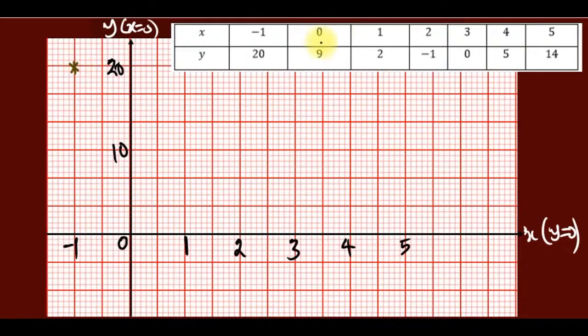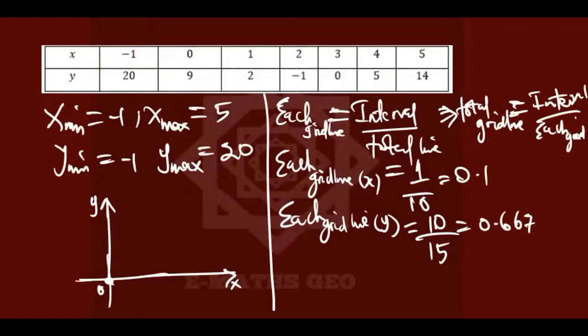So when x is 0, y is 9. To locate 9, I told you we now divide 9 by each of the grid lines on the y-axis. Each grid line on the y-axis is 0.667. So if we do 9 over 0.667, this is equal to 13.4.